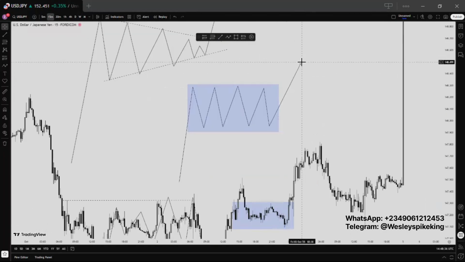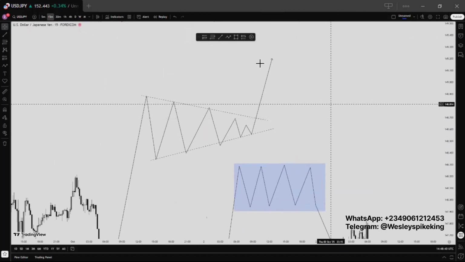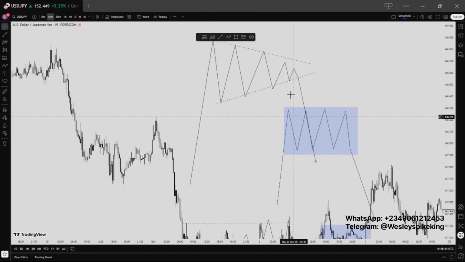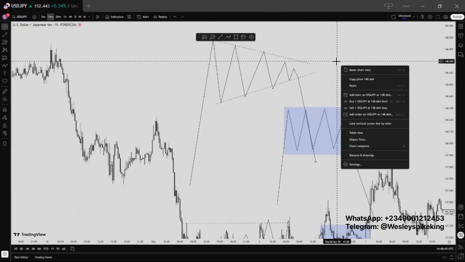And same thing too, you can also have rally base drop. So now how do you know whether it's going to be a rally base rally or a rally base drop? I'm going to be telling you that in the next video.